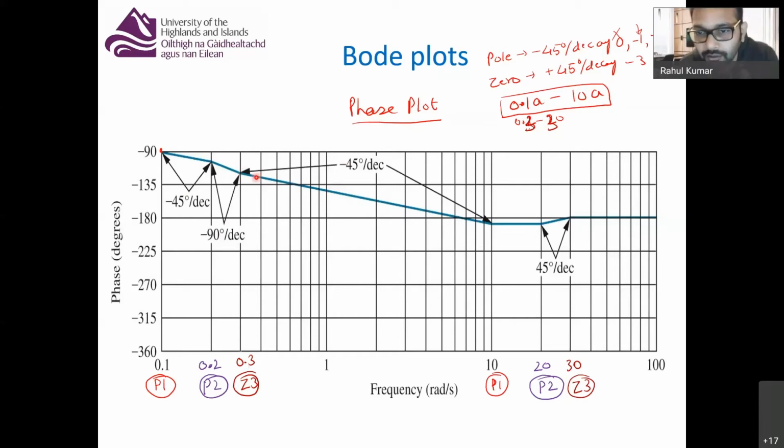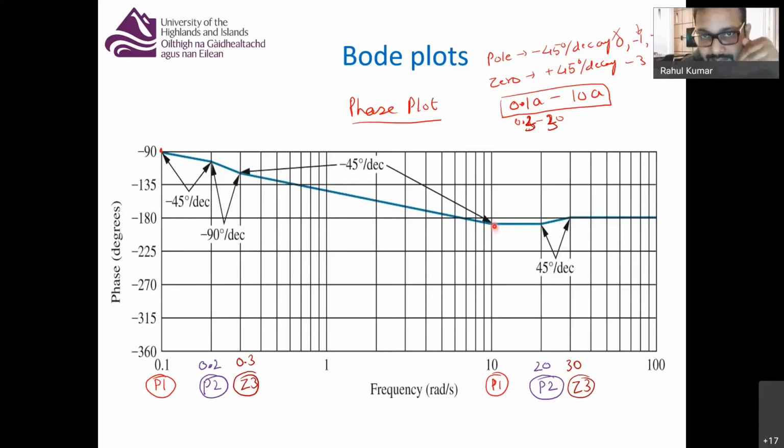After that, you do not have any effect to consider, so it will go all the way up to 10, right? Now the effect of the first pole is ending at 10. So a pole decreases the slope by minus 45.